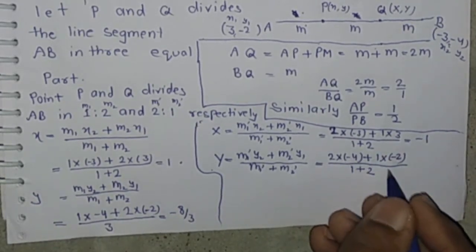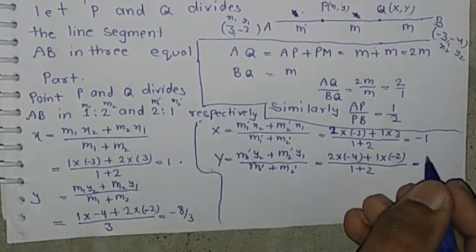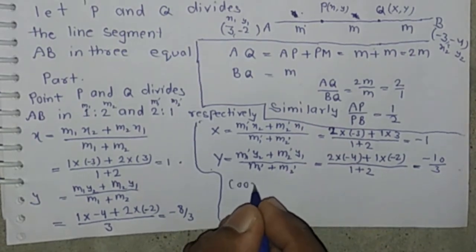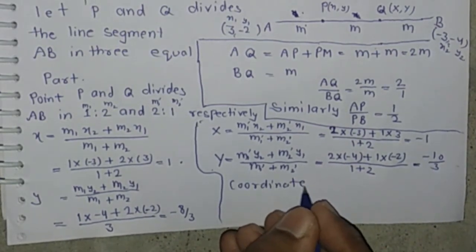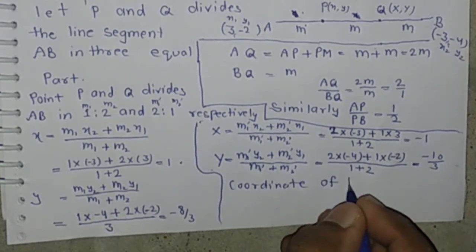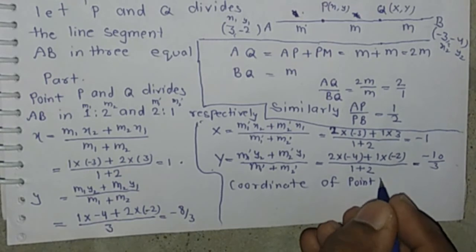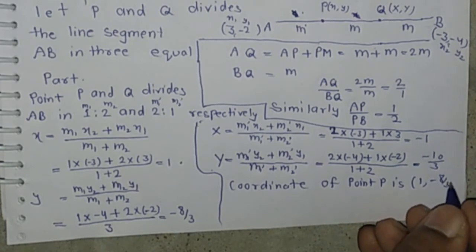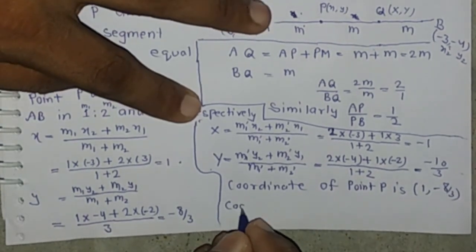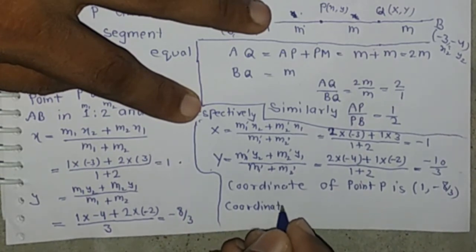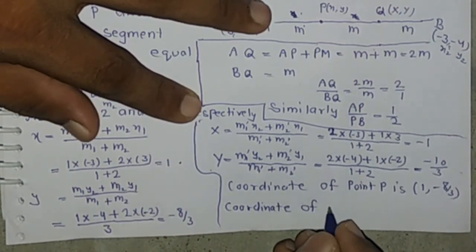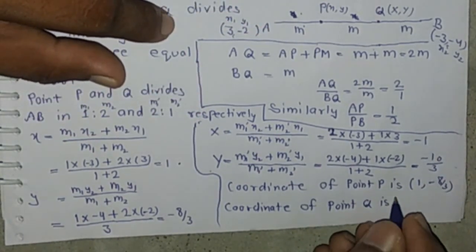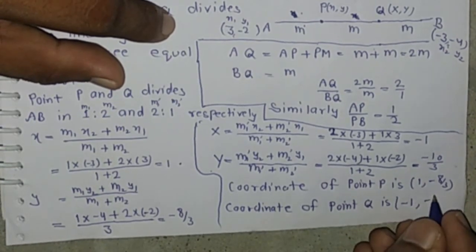Then it is minus 8 minus 2, minus 10 by 3. Means the coordinates of point P are (1, minus 8 by 3), and the coordinates of point Q are (minus 1, minus 10 by 3).